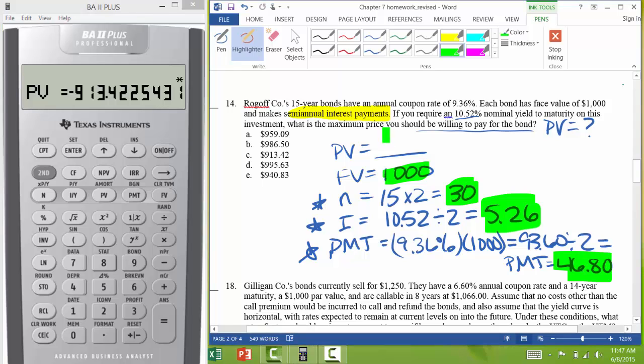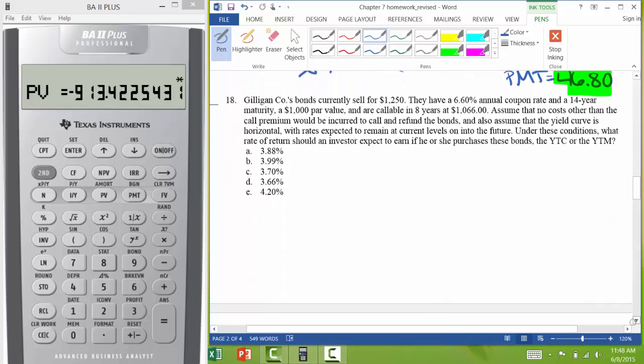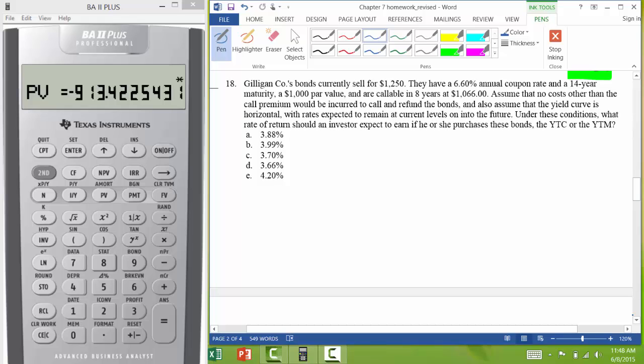And so I get $913.42. And so that's answer C. So just keep in mind it gets a lot longer when you have a semi-annual bond.